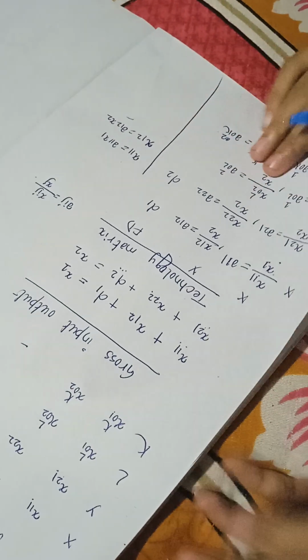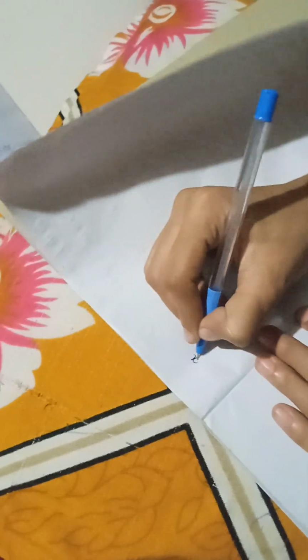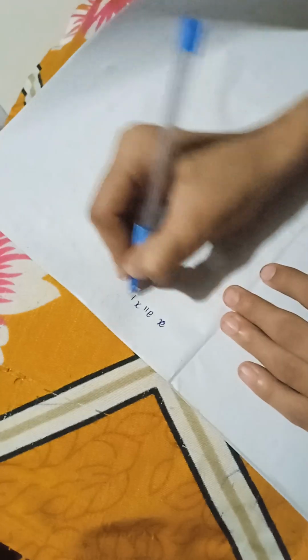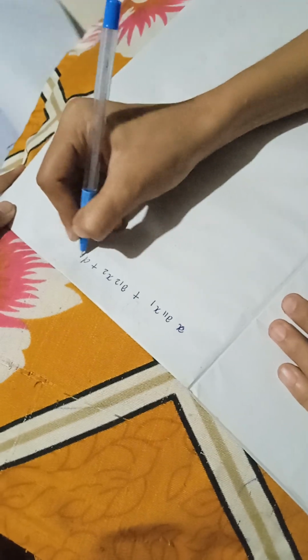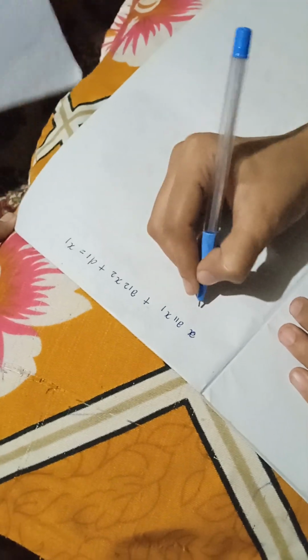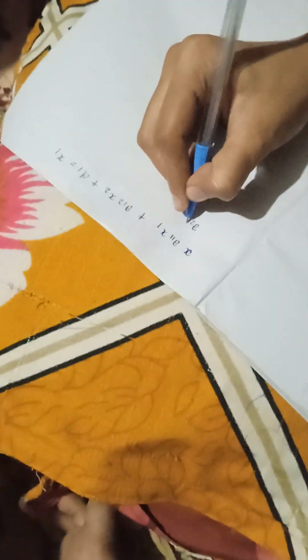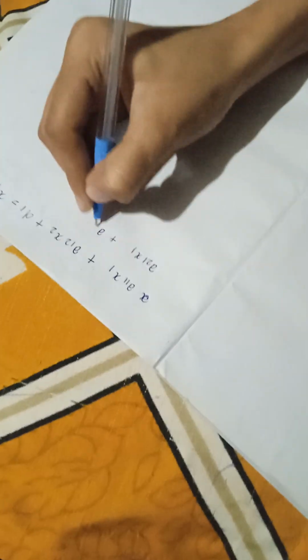So I am writing this in here. a11 x1 plus a12 x2 plus d1 equals x1. Similarly for the second, a21 x1 plus a22 x2 plus d2 equals x2.